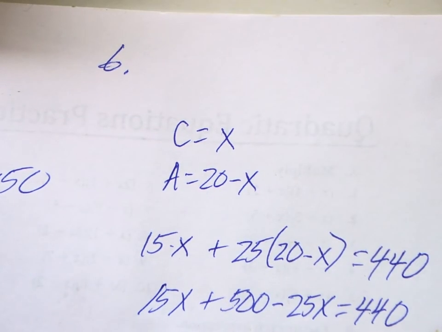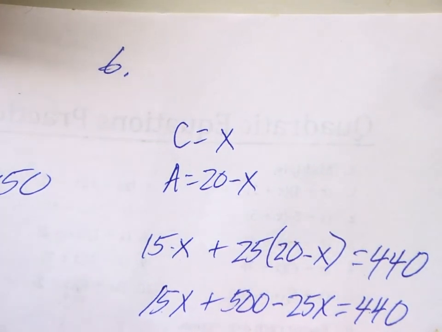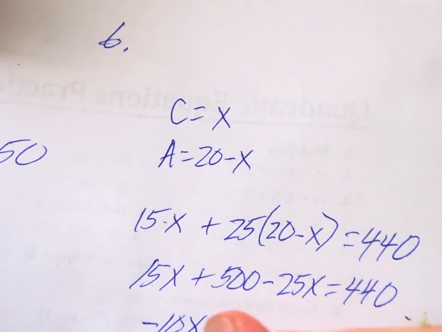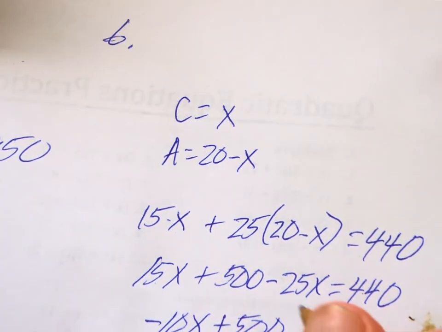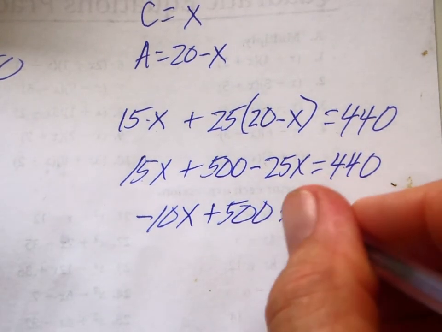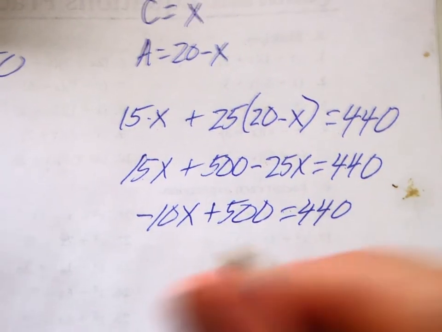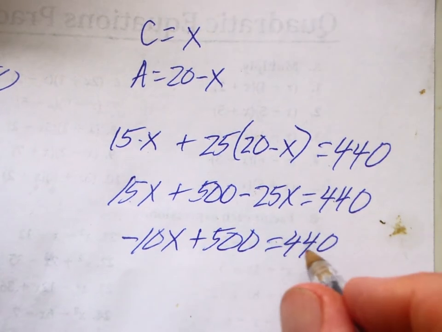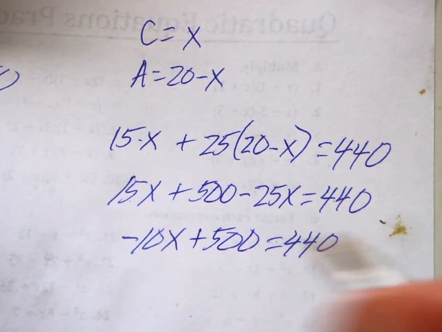Now, if I do this, I'm going to end up with minus 10x plus 500 equals 440, because it's 15x minus 25x. So now I'm going to add 10x to both sides, and I'm going to subtract 440 from both sides.